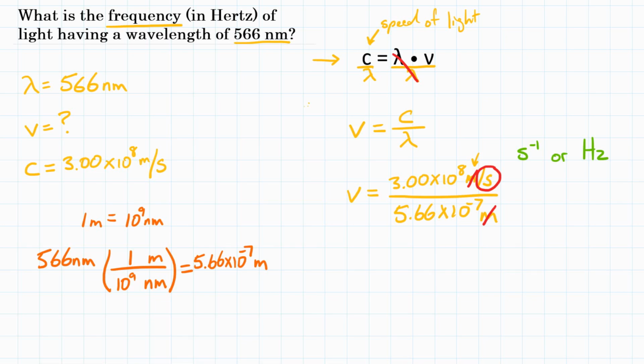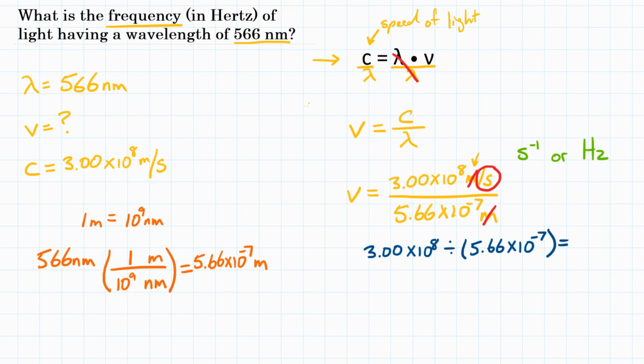You are going to put in your calculator 3.00 times 10 to the 8th, everything that's on the top, and we're going to divide by everything that's on the bottom. Now you need to make sure that the bottom stays together here. So let's open parentheses, put 5.66 times 10 to the negative 7, and then close parentheses and hit equals.